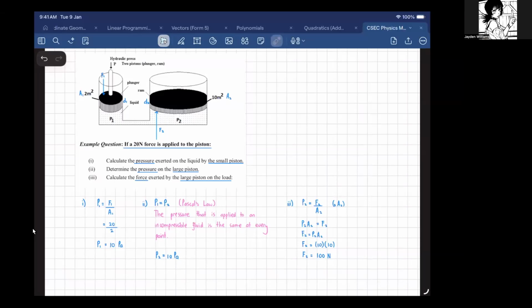So Shayna, if you look at this question, another way to answer part three would have been to look at the ratio between A2 and A1 and just multiply that by the force applied to the first plunger, F1.